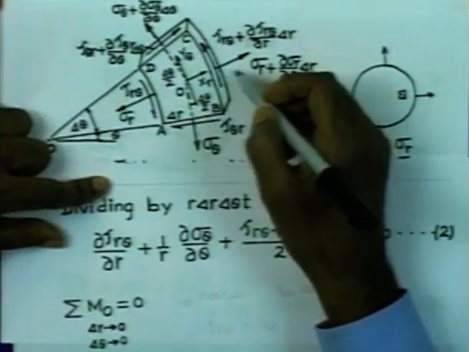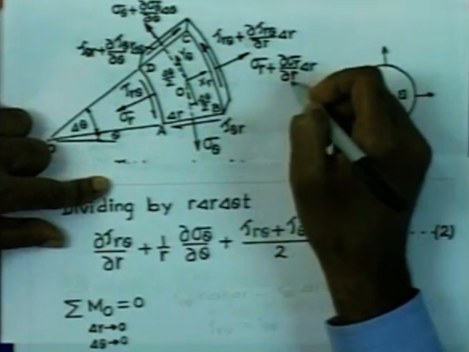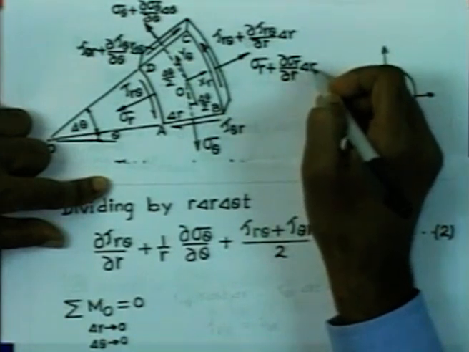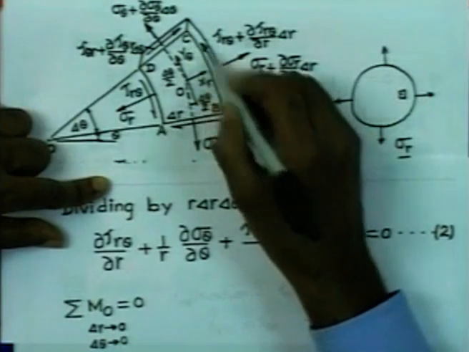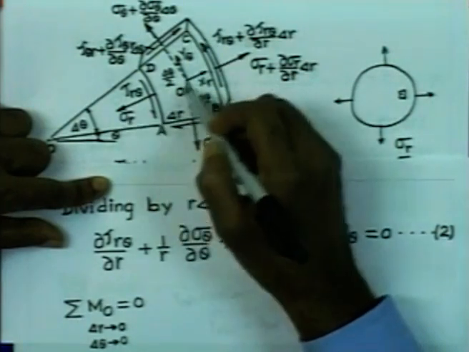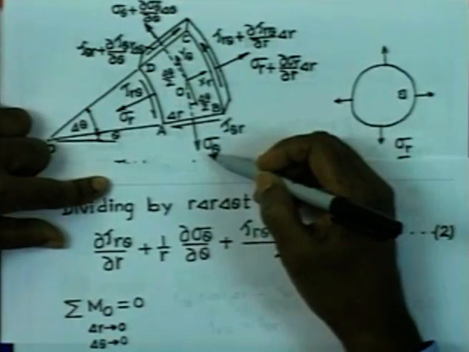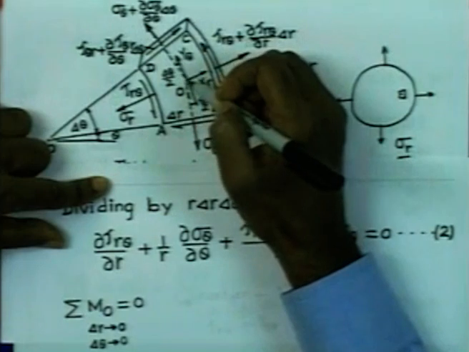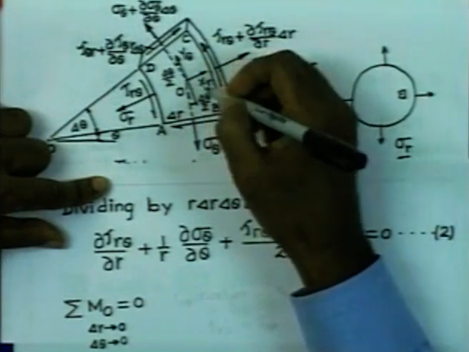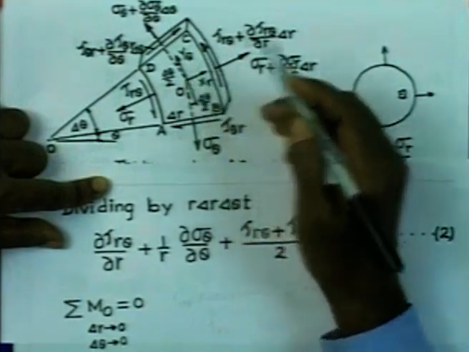The distribution of sigma r plus delta sigma r delta r is such that the resultant acting on this face will pass through this point O. Also the resultant of sigma r will pass through this point. Similarly, the resultant of sigma theta and this component will pass through this point, and the forces due to x r and y theta are also going to pass through this point.